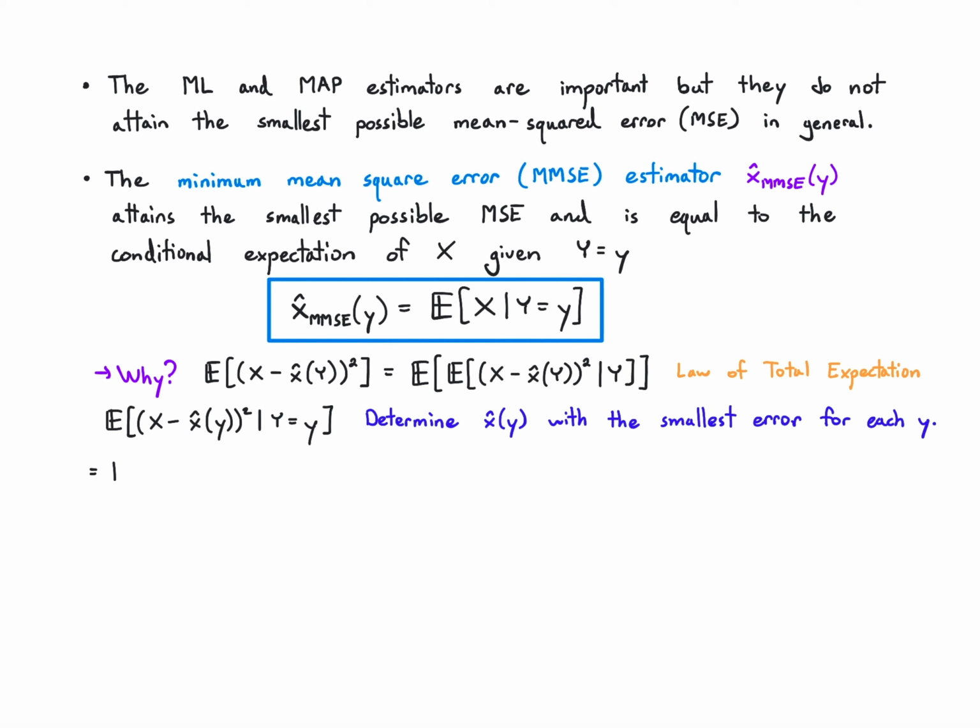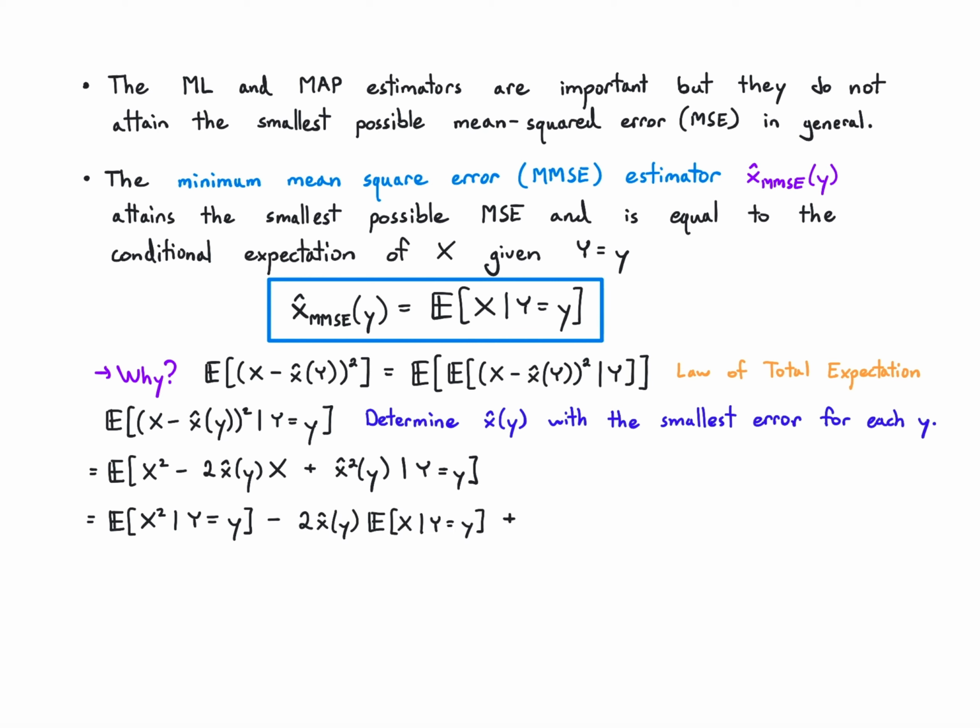Okay, well, let's first open up the square. I'm going to get x squared minus 2 x hat times x plus x hat squared, all conditioned on y. And I'm going to use linearity of expectation to break out those terms. Because I've conditioned on y, all the terms that depend only on y, basically just x hat of y, can come outside of the expectation because I've given you the value of y.